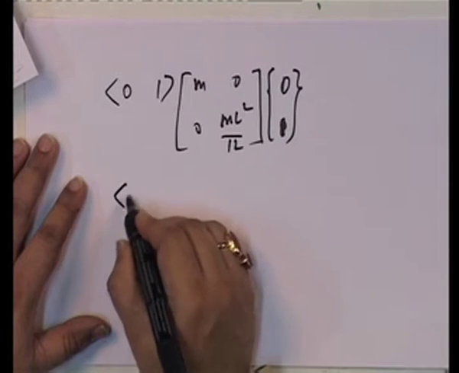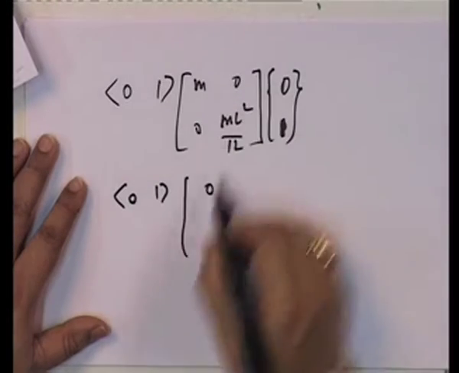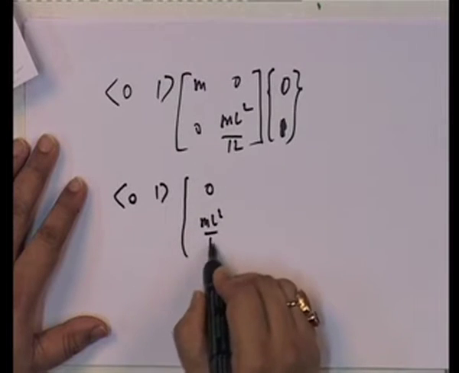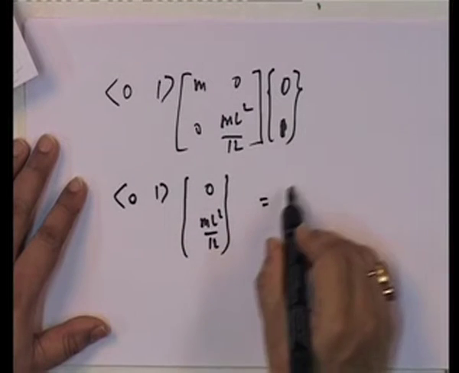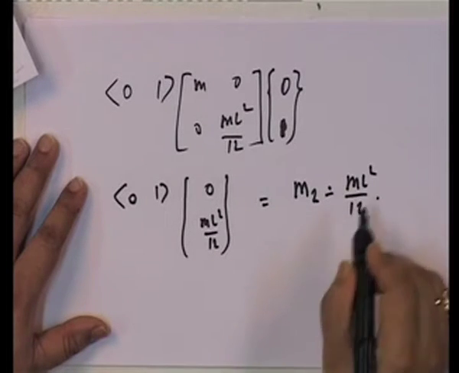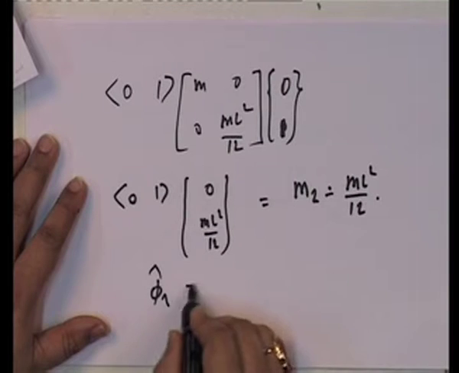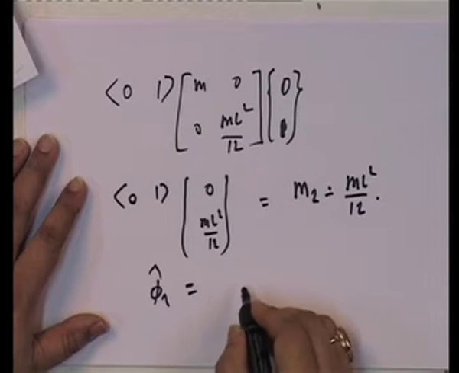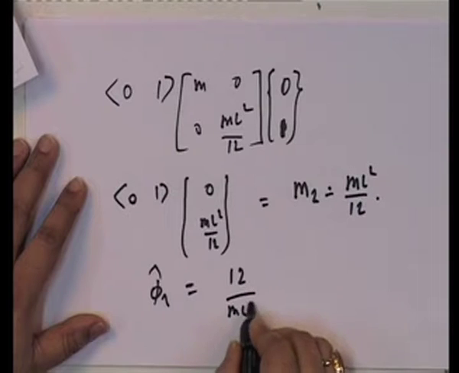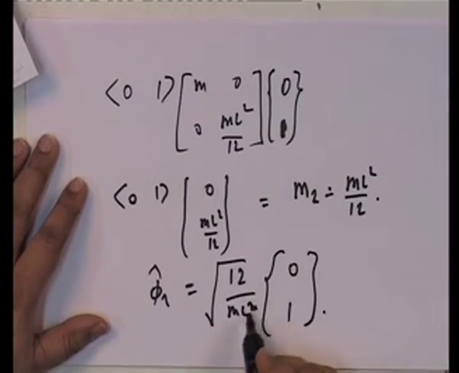If I look at this, the top is 0, 0 into 1, and this becomes m L squared by 12. So my m 2 is equal to m L squared by 12. What do I need to do? Take the square root. So my orthonormal phi 2 turns out to be the square root of 12 upon m L squared, times 0, 1. That is my orthonormal mode shape.